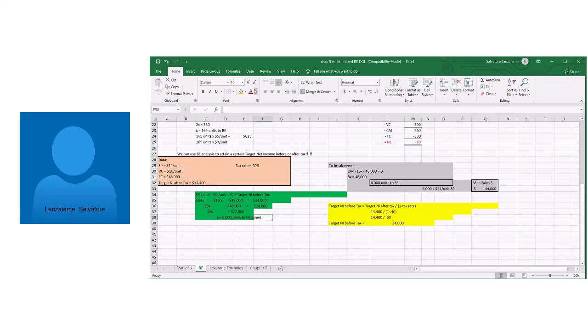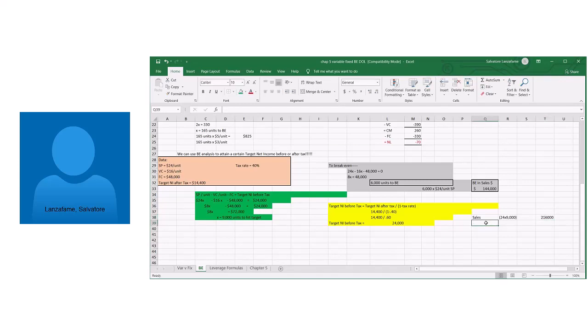So let's see if this really is true. Because you don't always want to believe everything you hear, right? So let's say we got sales. And we know the sales would be, if I go with the 24 selling price times the 9,000, that gives us 216. 24 times 9,000.